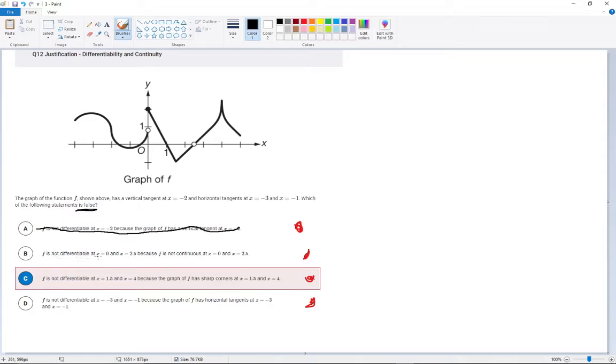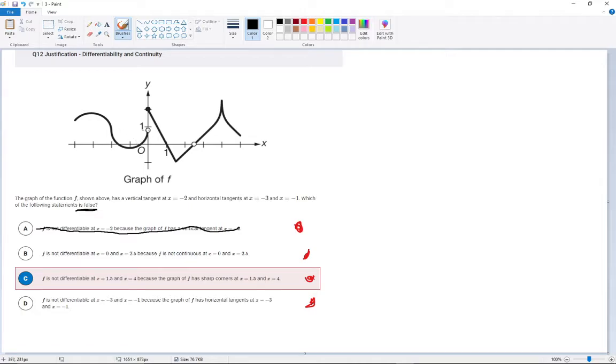F is not differentiable at x equals 0 and x equals 2.5 because f is not continuous at x equals 0 and x equals 2.5. So it does give a point that is a removable discontinuity.